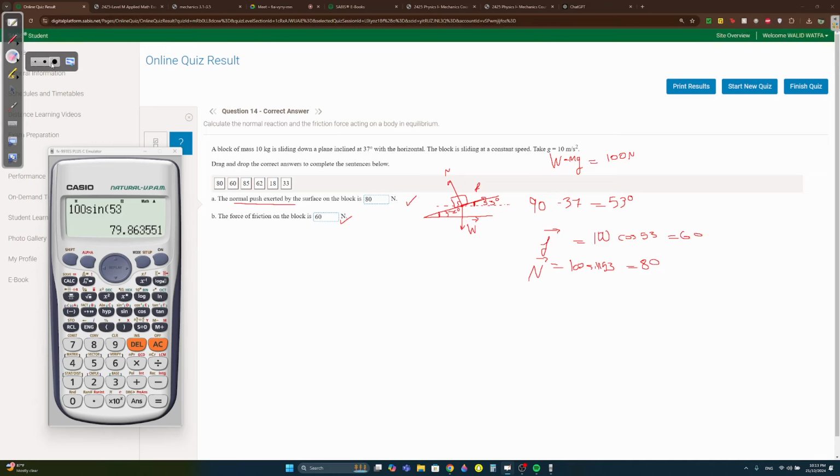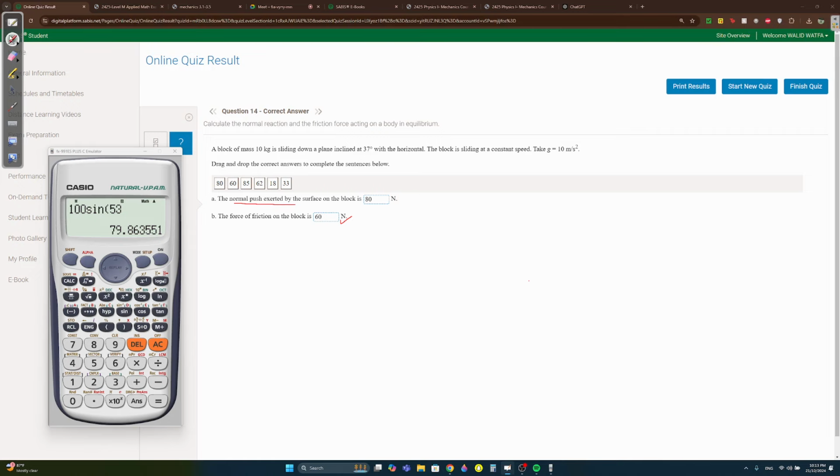Walid, do you have a formula you can give me straight away so I don't have to draw and do all of this stuff? You can memorize this formula for the normal push when you're speaking about an inclined plane. It works all the time.